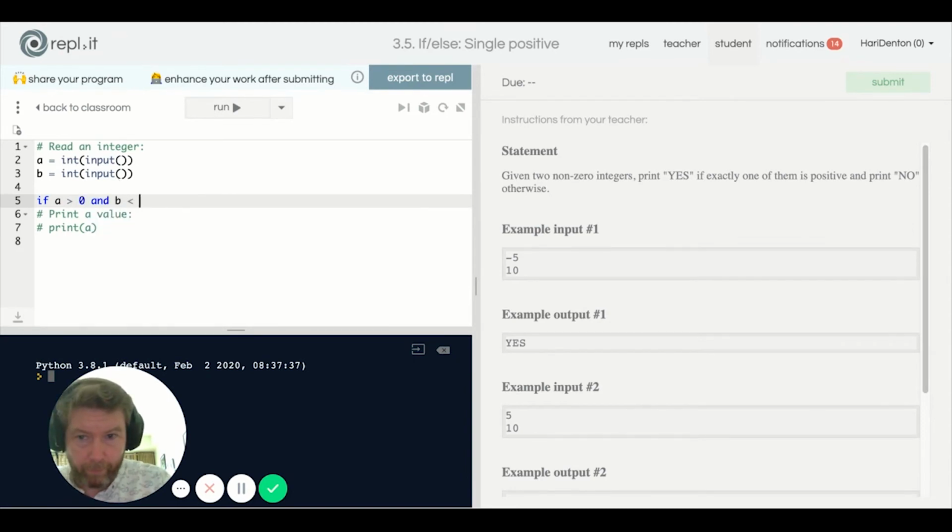What about 0? Okay, less than or equal to 0. Or, okay, so there's two different scenarios. Either it's A or it's B. So A is positive and B is less than or equal to 0, or the opposite way around. So B and not A, basically.